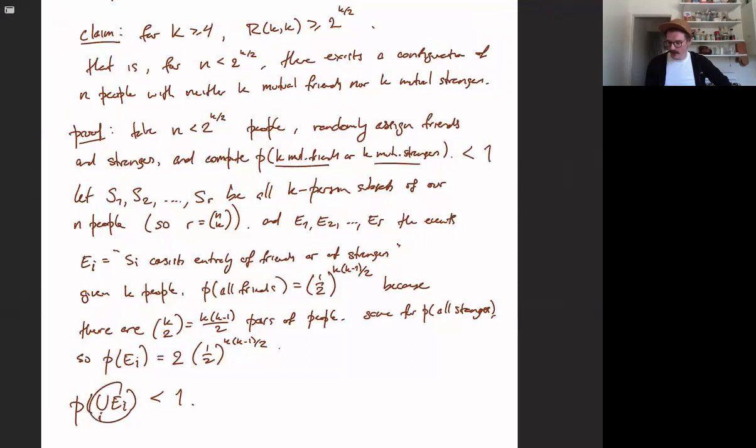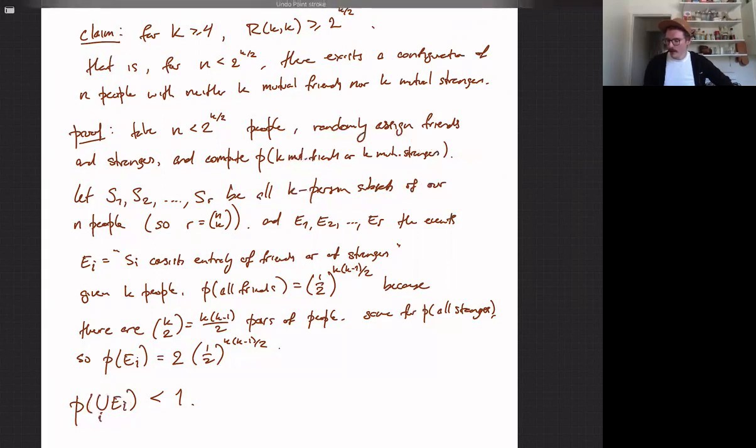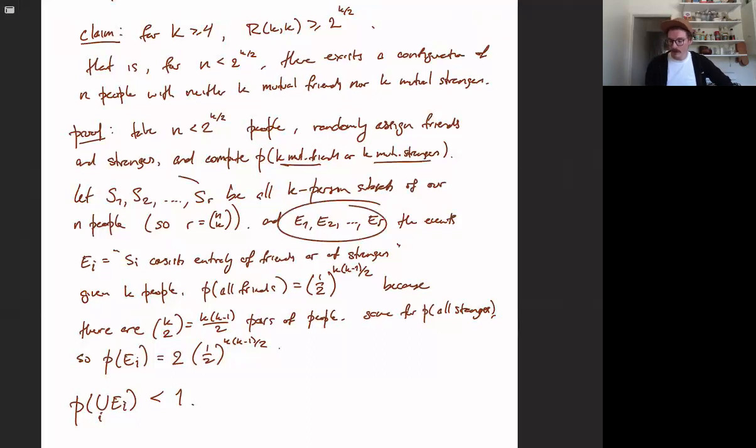Now, that's part of this formula. The other part is that I've swapped out the things inside the probability. What are we doing there? We're saying that the probability of getting k mutual friends or k mutual strangers can be broken down into precisely which k group of people are all friends or all strangers.